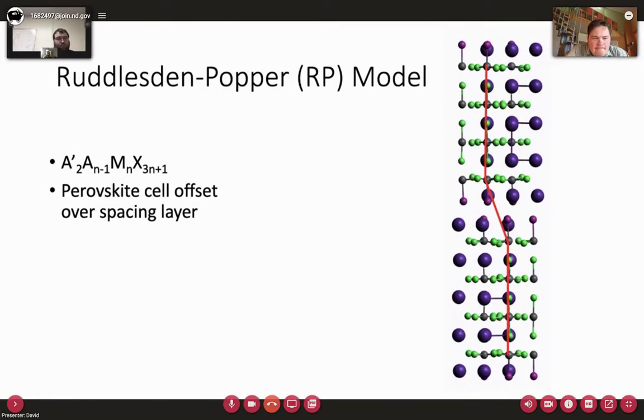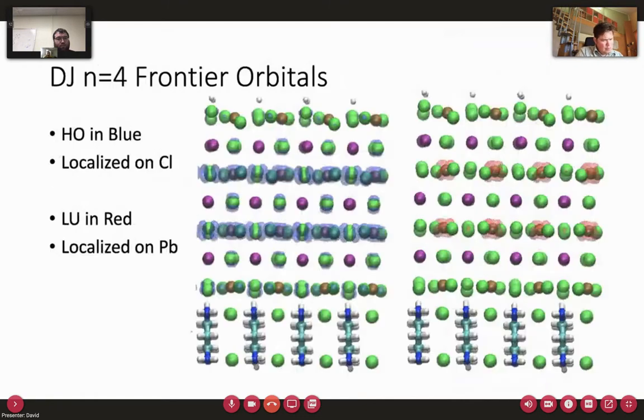Did you check the HOMO and LUMO orbitals? Are they delocalized or localized on the spacing layer? So I did not include the orbitals for this one.